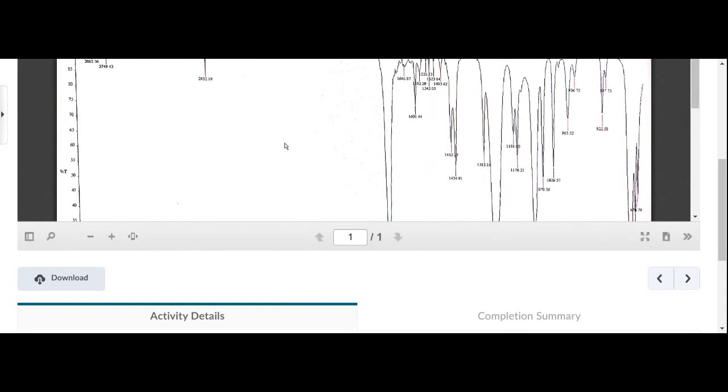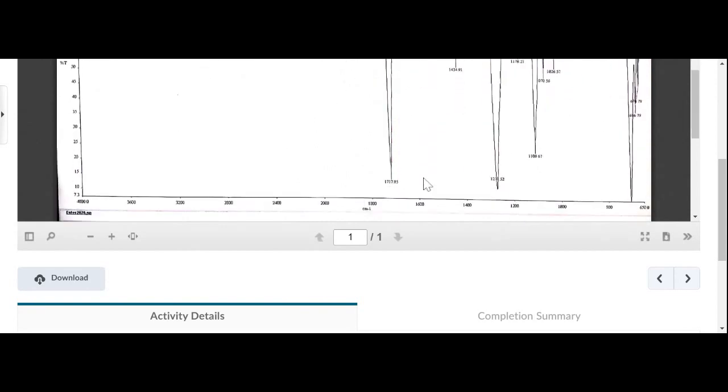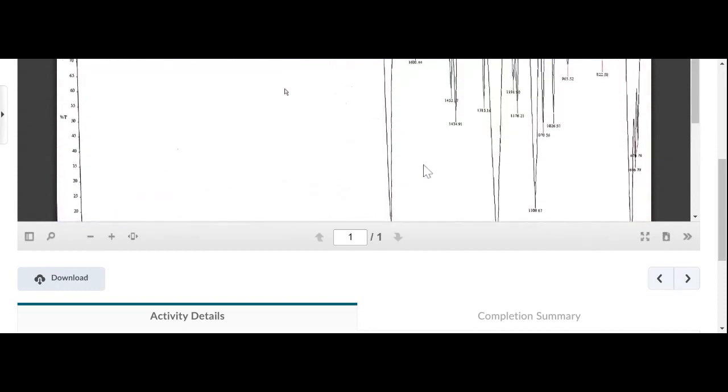Specifically, the OH peak should disappear because benzoic acid has OH, methyl benzoate doesn't. The other change is that the peak around 1700 for benzoic acid moves up to almost 1718 for the ester. This change indicates that your product is an ester.